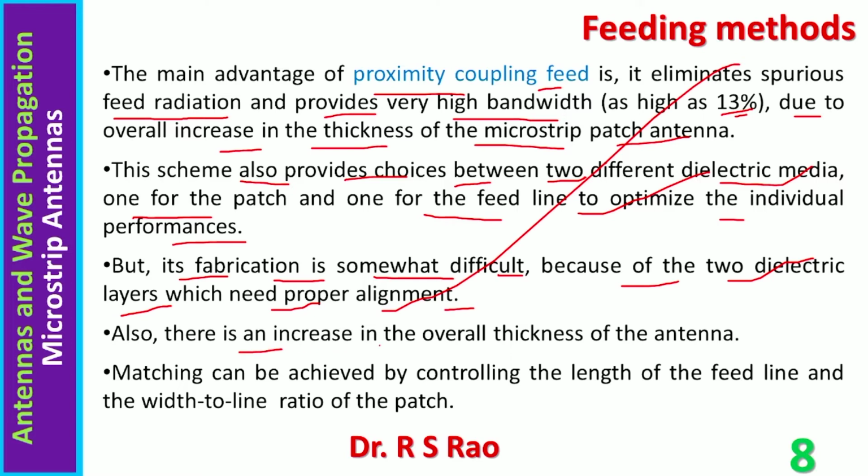Also, there is an increase in the overall thickness of the antenna. Matching can be achieved by controlling the length of the feed line and the width to line ratio of the patch. It appears proximity coupling feed is the best among the four that are considered here. Of course, it is associated with the fabrication difficulties.